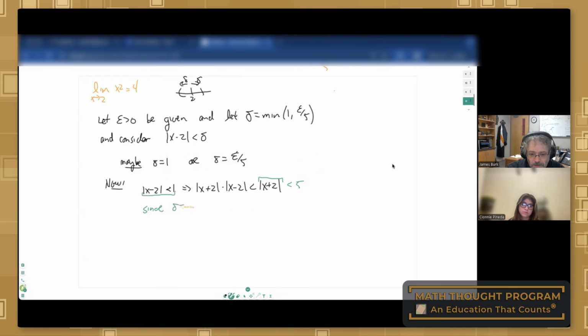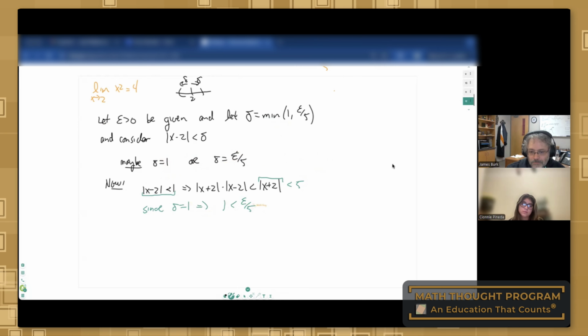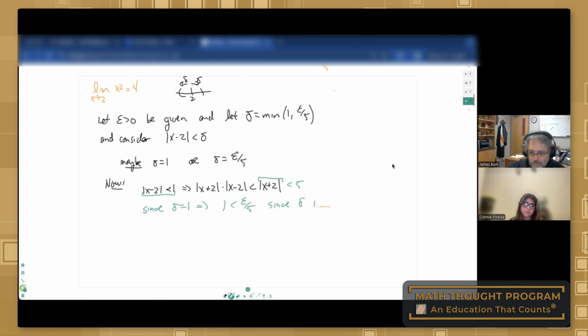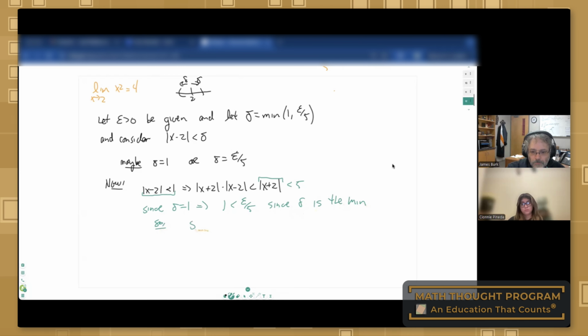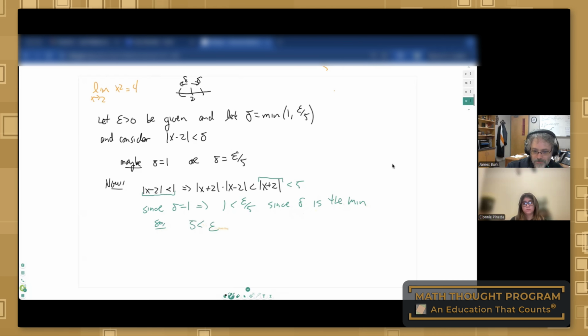Since delta is 1 and it is the minimum, what that means is the other value is bigger: epsilon over 5 is bigger than 1, so epsilon is bigger than 5.